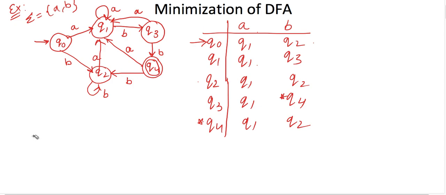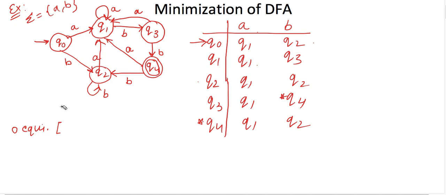Now watch it. For 0 equivalent, the string length is 0. It means you are not going to scan any string, or any input symbol.